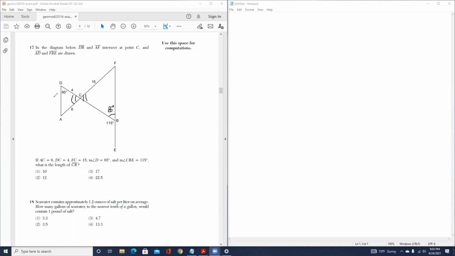They're made by two intersecting lines. And that is enough to prove the similarity of these two triangles, ACD and FCB. And as we just showed, this is achieved through angle-angle similarity.